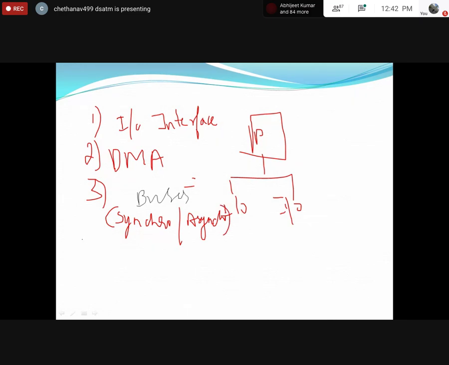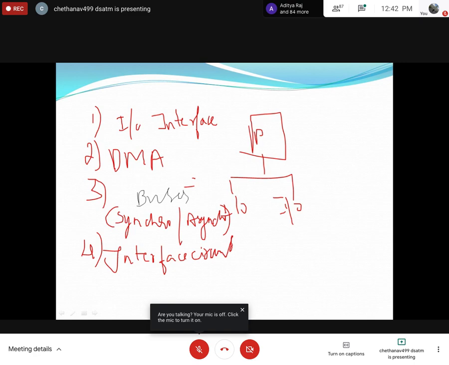After that, in the buses concept, the main part is interface circuits. In interface circuits, we have serial port and parallel port. That you have to study. I told you the diagrams very clearly, and you have to study them.